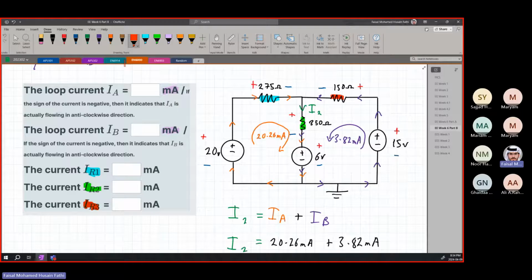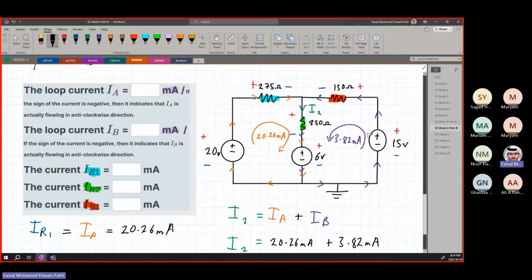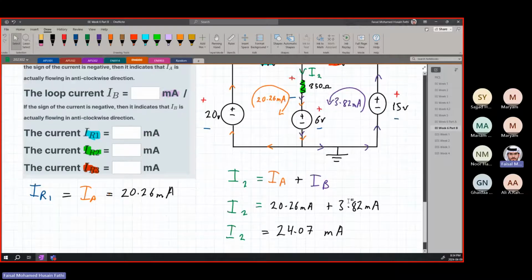For the current that is flowing through R1, the blue one, IR1 is equal to IA. It's the only current flowing through it, which is equal to 20.26 milliamps. The current going through R2, the green one, is the current I2, which we already have determined is the addition of IA plus IB.